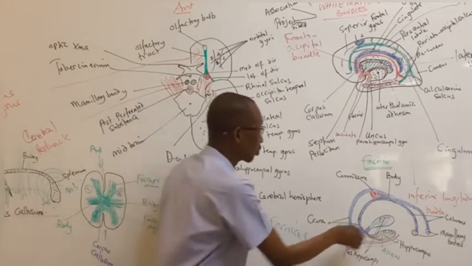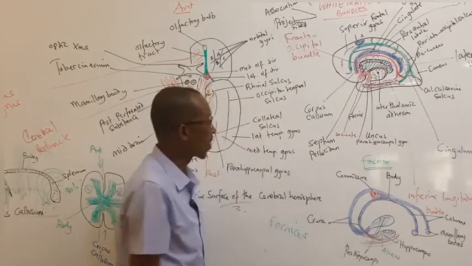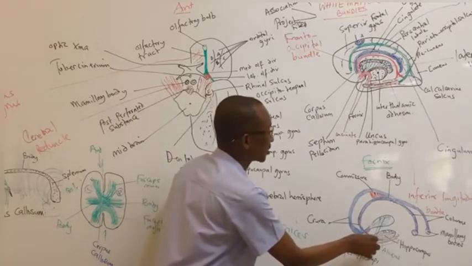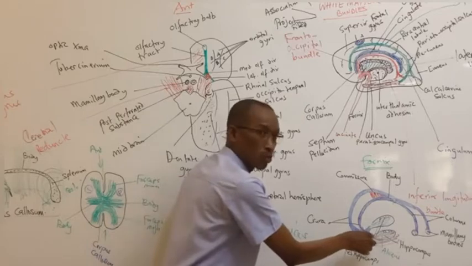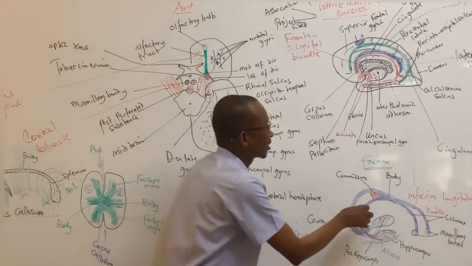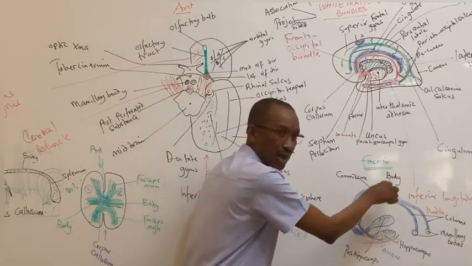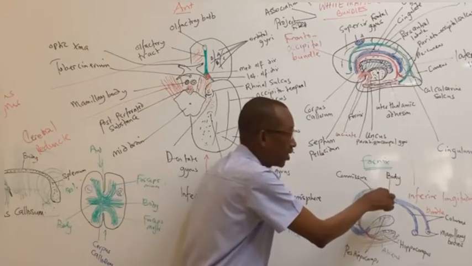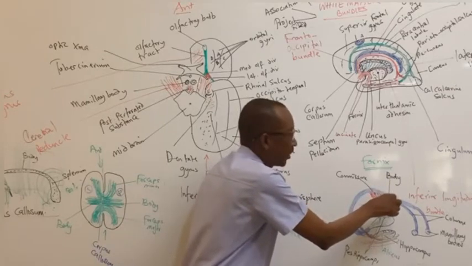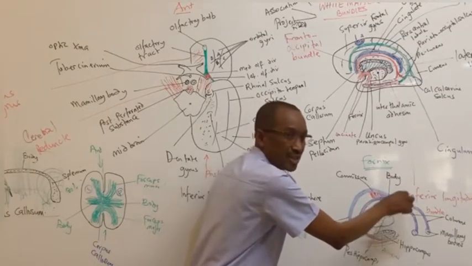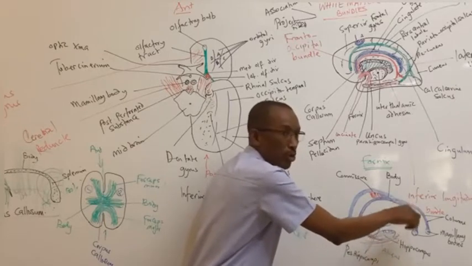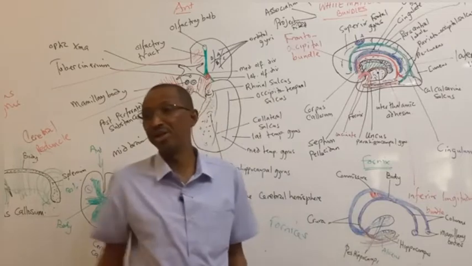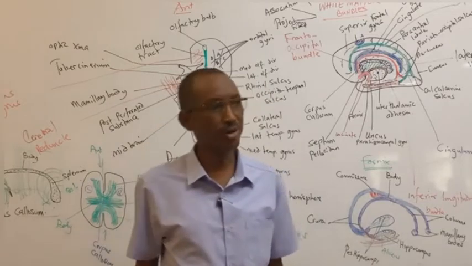Singular, crus, and plural, crura. So each fornix begins with a crus, passes upward and unites with the other fornix to form the body, and then the body divides anteriorly into right and left columns, and each column terminates in the corresponding mammillary body.